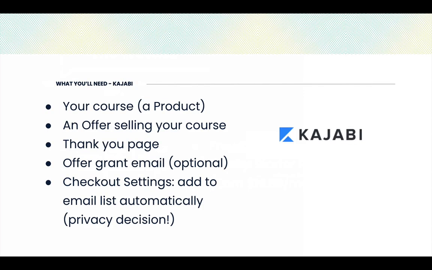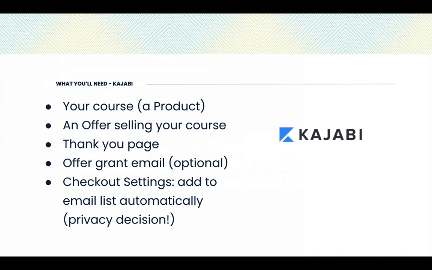So what you'll need inside Kajabi is, of course, your course, which is called a product in Kajabi, and an offer selling your course. And actually, if you just want to do an offer for coaching, for example, and there's no product attached, then an offer on its own is enough as well. You also need a thank you page where you're sending people after they purchase.